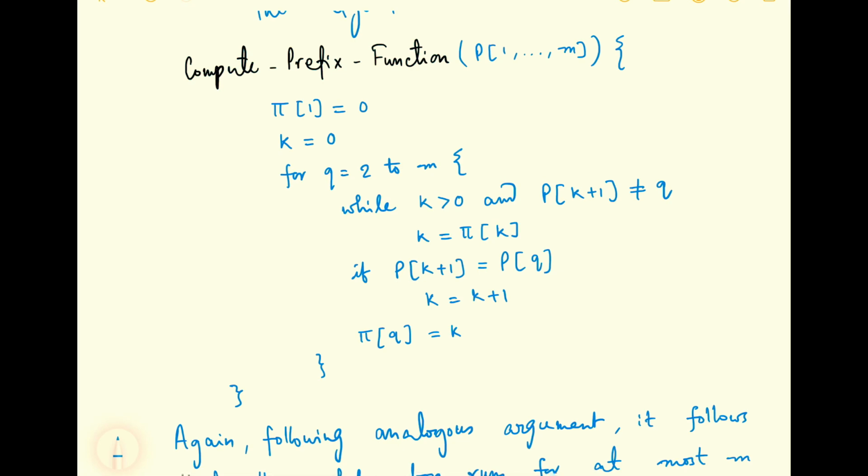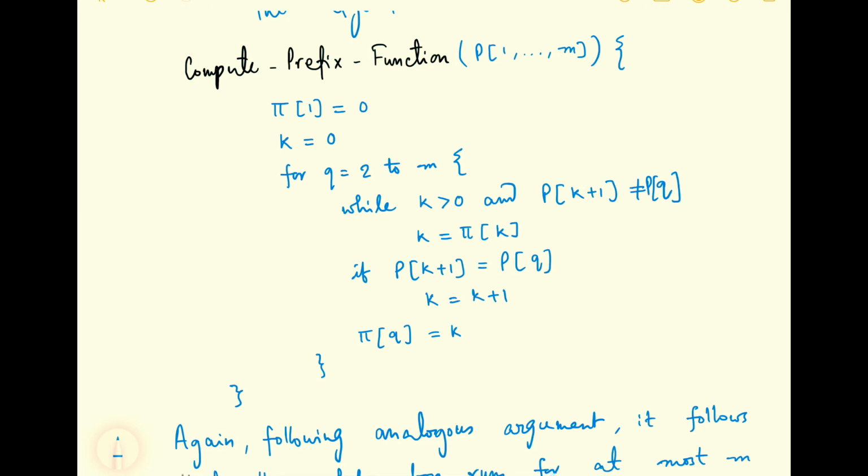Then again I will do the same thing. I'll check whether this partial match of the prefix with the suffix can be extended. What is the next character of the prefix? The prefix length was k, so I am seeing whether p k plus 1 is equal to p q. If so, I can extend, and I don't need to go into the while loop.